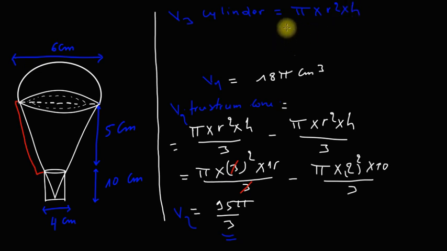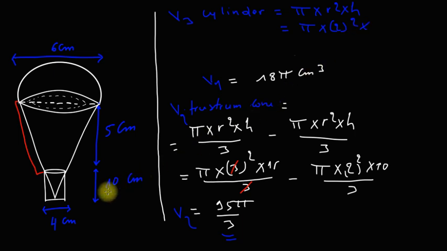The diameter of the cylinder is equal to 4 centimeters, and divide by 2 to get the radius. 4 divided by 2 is equal to 2. Here we multiply 2 squared times height.